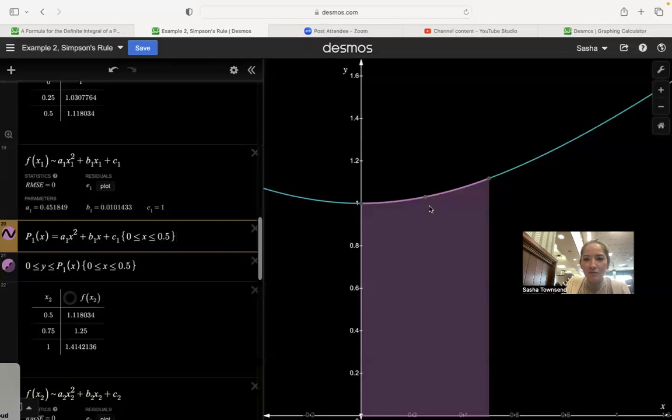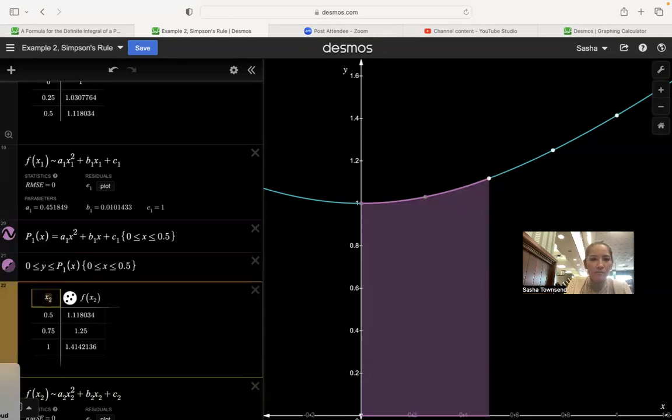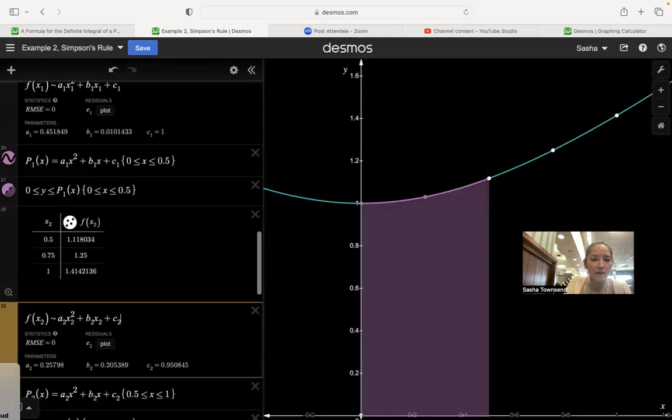Then we're interested in the function at 1/2, at 3/4, and at 1. So we'll plot those points. And then we will use Desmos to give us a polynomial here. I'm using x sub 2 here, and I used x sub 1 on the first one, so that Desmos is only using those 3 values of x.